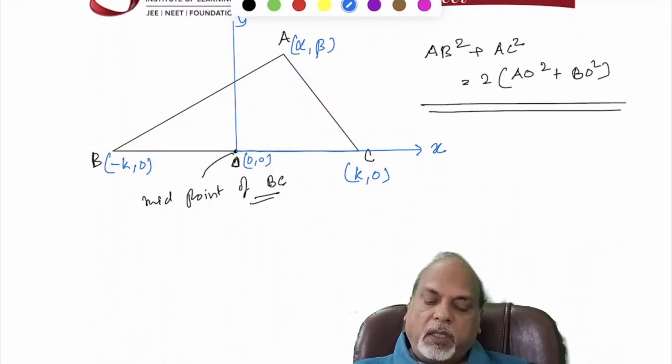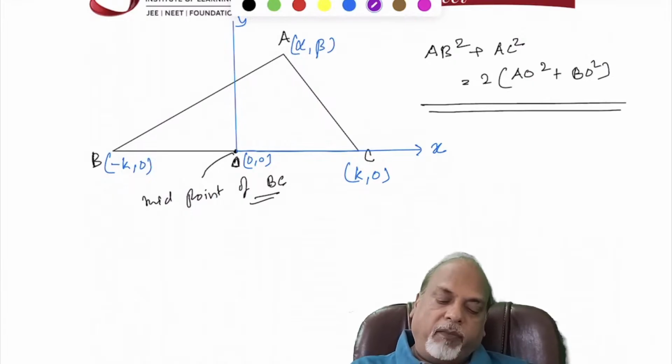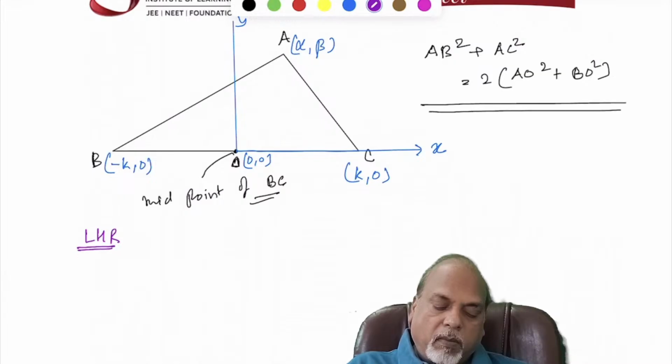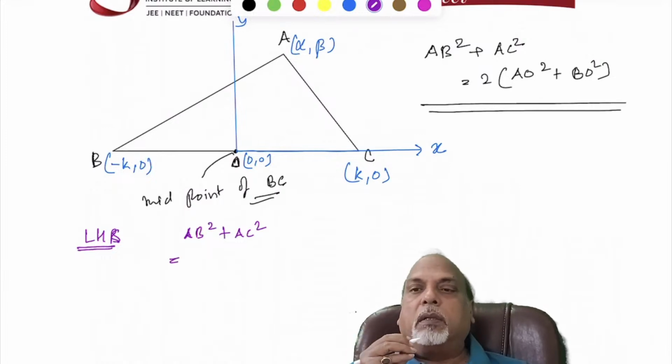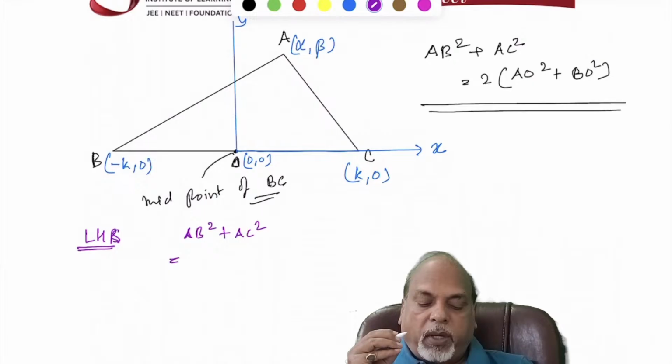Now, let us see what is left hand side. Left hand side is AB square plus AC square. This is nothing but AB. What is AB?